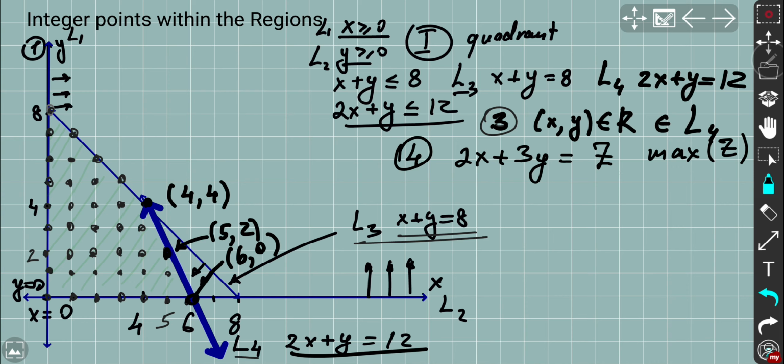So 2x plus 3y is going to be a linear function, and because z is a number, it will be equal to some z. So that's simply the general equation of some line that goes within the region, because x, y coordinates should be from the region. So they must adhere to the region. Okay, so how to maximize?